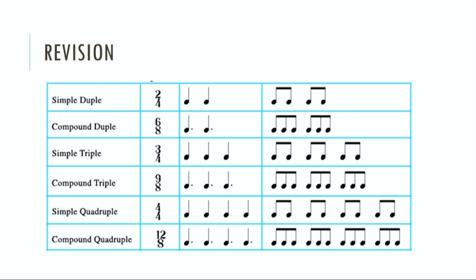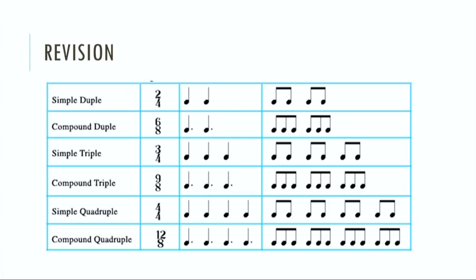So you'll see there, for example, simple duple time, 2/4 time, has got 2 pulses in the bar, and those 2 pulses divide into 2 quavers each, whereas in compound duple time, where there are also 2 pulses, each pulse divides into 3 quavers, and so it goes on with all of the different time signatures.